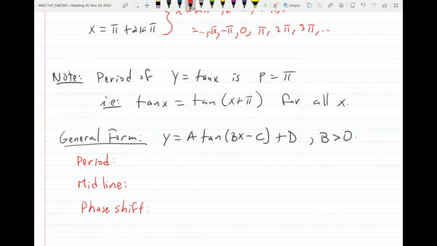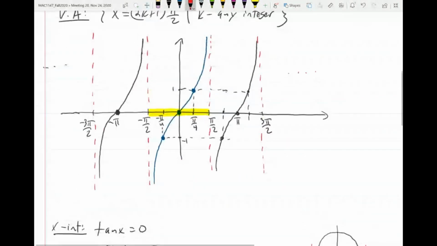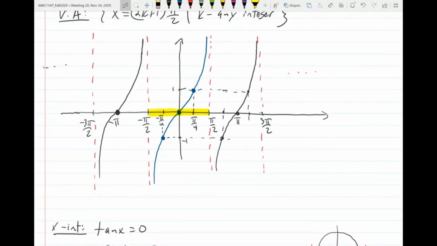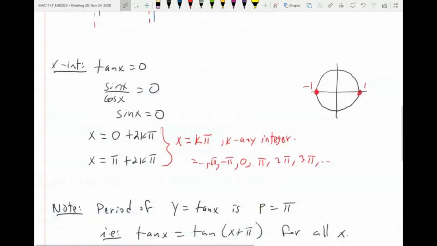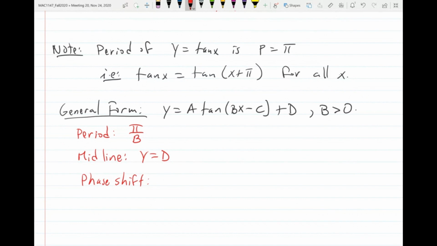So the period is going to be the same formula as before, but instead of being 2 pi over b, this time it's going to be pi over b. And it's because the period of tangent is pi. It's not 2 pi, like sine and cosine, okay? Midline is going to be the same. It's going to be d. Notice that in this case, for this graph, the midline is exactly the x-axis, right? But in general, if you have some transformations, the midline is going to be y equals d.